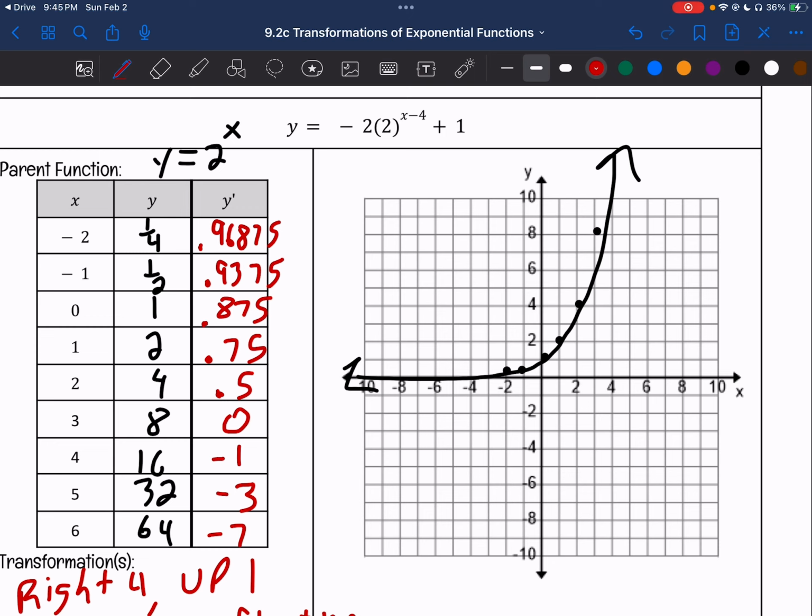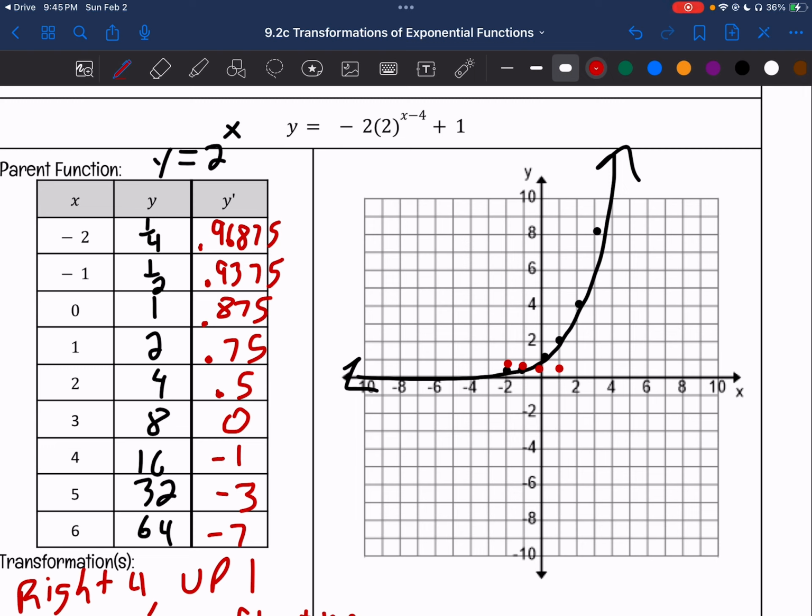So let's graph what we can, because some of these are such minute changes that we're not actually going to be effectively graphing them. At -2, we're right up against 1, slightly below for -1, slightly below for 0. For 1, we're at 0.75, so we're still not getting much movement.